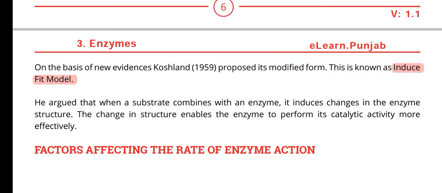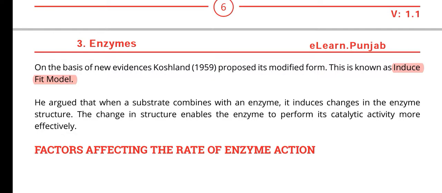The next model is very important. It was given in 1959 by Koshland, and it is known as the induced fit model, also named the hand and glove model. He says that the active site can transform itself into the form that fits the substrate.